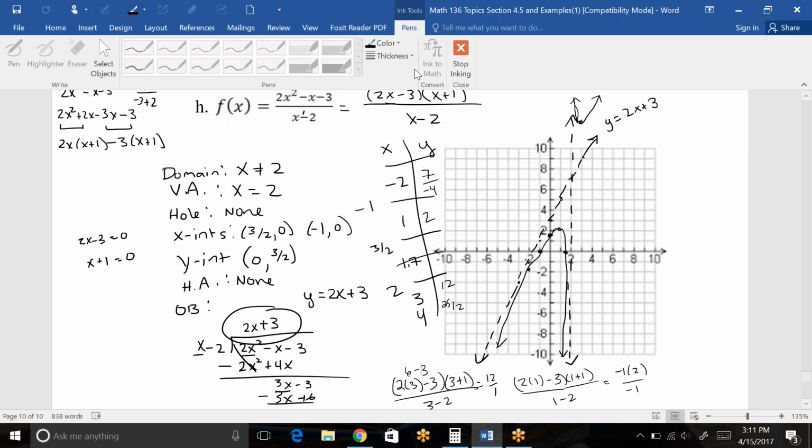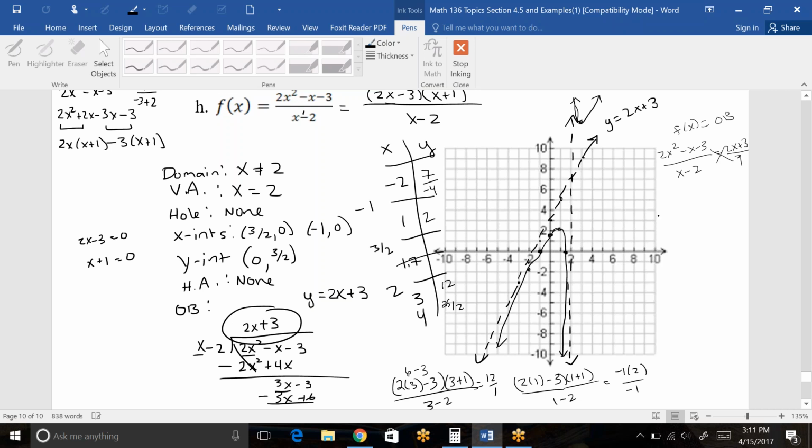Now, just to make sure you know that this one doesn't cross its oblique, because that is a possibility, if you set the original problem equal to your oblique, which your oblique was 2x plus 3 over 1, if you want to think of it as a fraction.